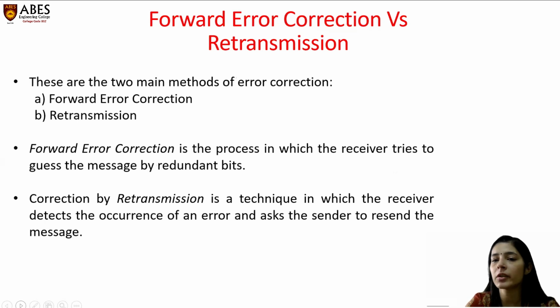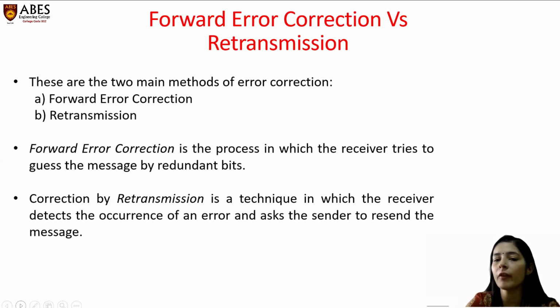Next we will discuss forward error correction versus retransmission. There are two main methods of error correction. The first one is forward error correction, and the second one is retransmission. In forward error correction, the receiver tries to guess the message with the help of the redundant bits added by the sender. With these redundant bits, the receiver will identify whether the message is corrupted or correct.